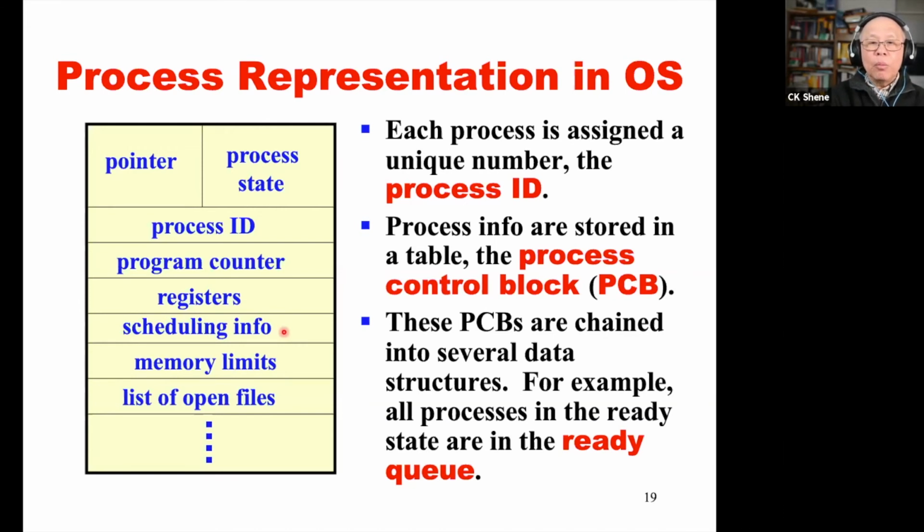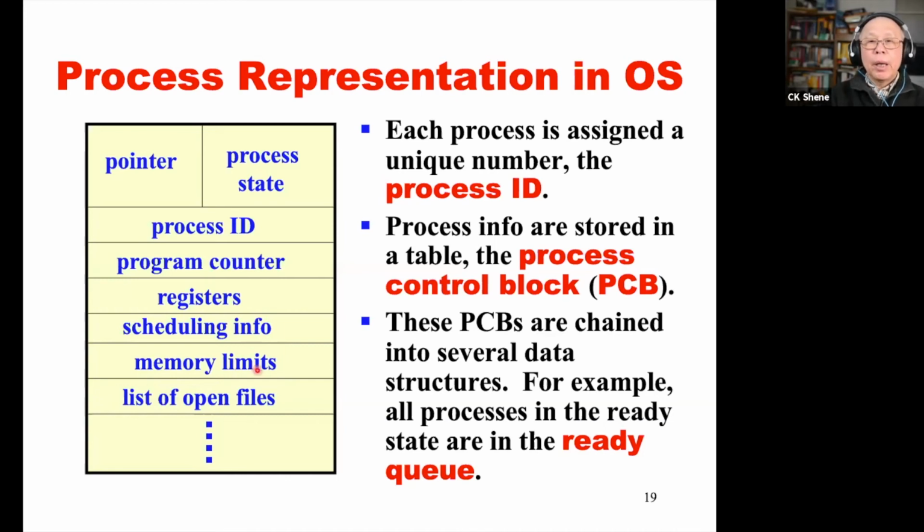So this scheduling information usually means some kind of priority. When a CPU or CPU core is free, the CPU scheduler would look at the processes in the ready state, and based on this scheduling information, it picks one to run. Usually, the CPU scheduler picks the one with the highest priority.